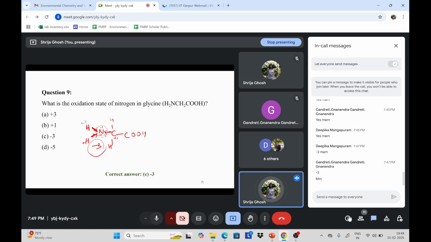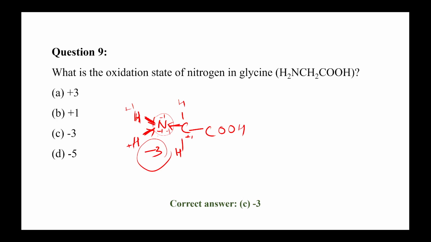Hope that's clear to everybody, right? So the nitrogen in glycine will have the oxidation state of -3.